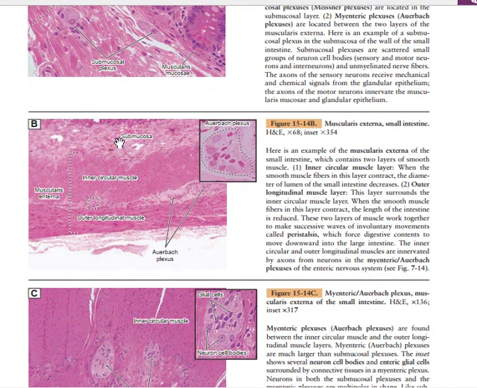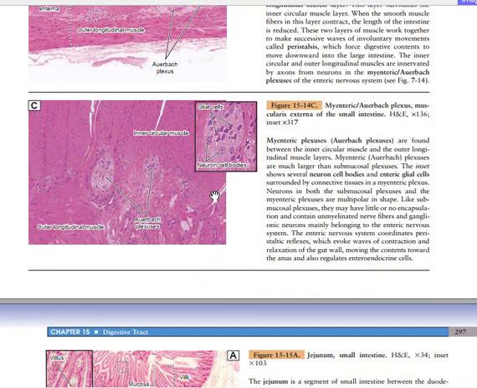So here is the muscularis externa. In the muscularis externa, between the inner circular muscle and the outer longitudinal muscle, we have a plexus of nerves, and those nerves are called the Auerbach plexus or the myenteric plexus, and this is the plexus of nerves here.